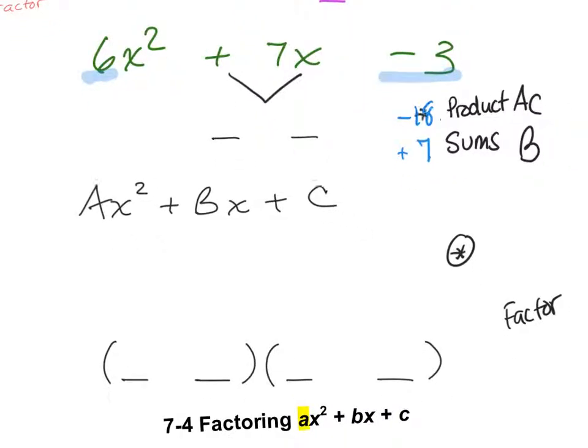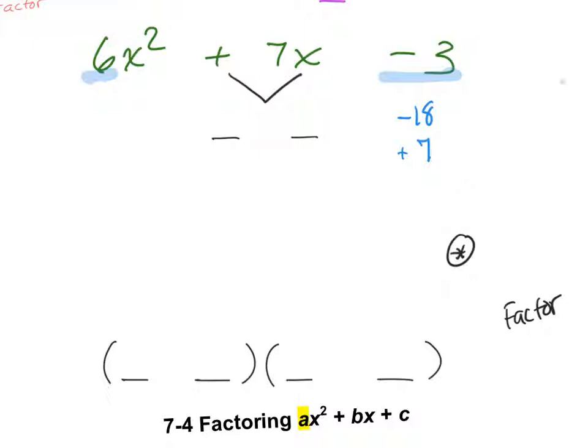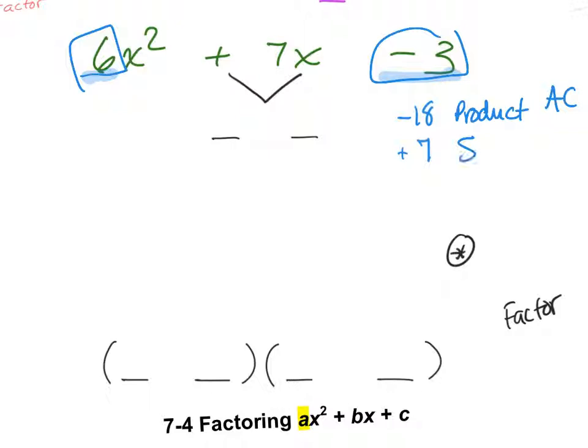If the product has to be negative 18, the product of AC, the product of 6 times negative 3, that sums to B, which is 7, then you're going to find the factors of that specific 18. So what numbers multiply to negative 18?